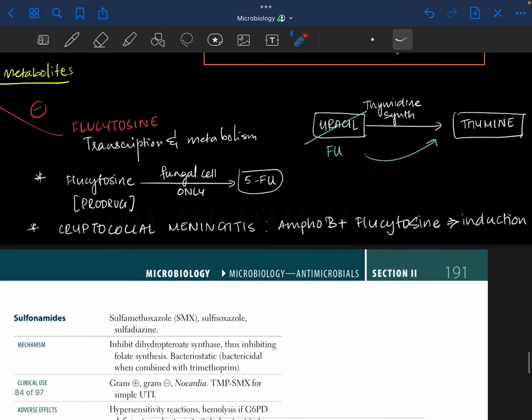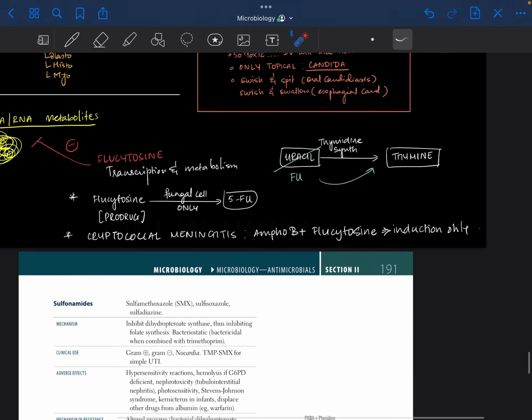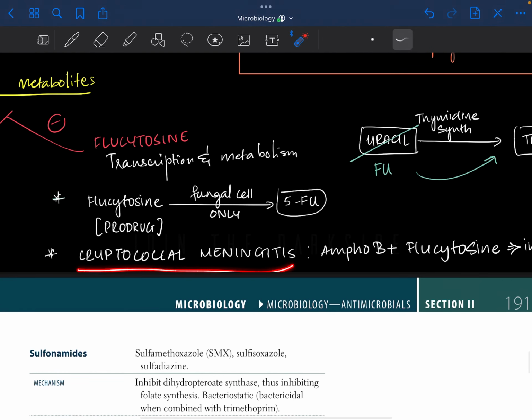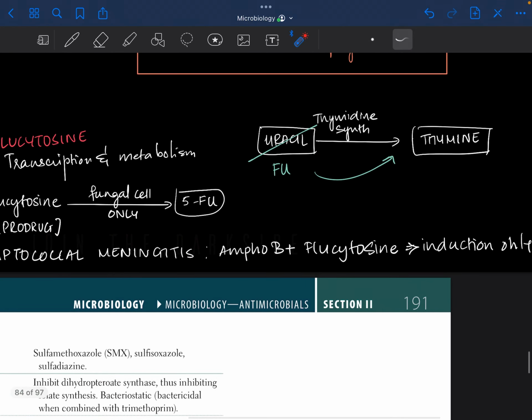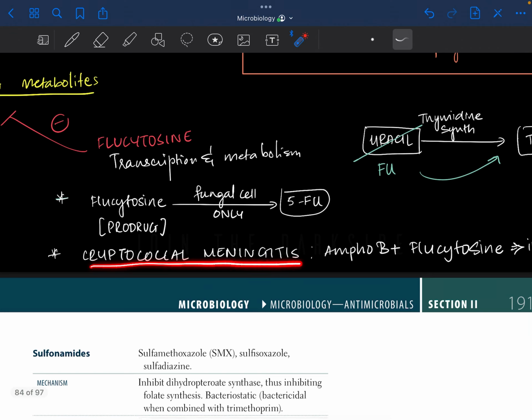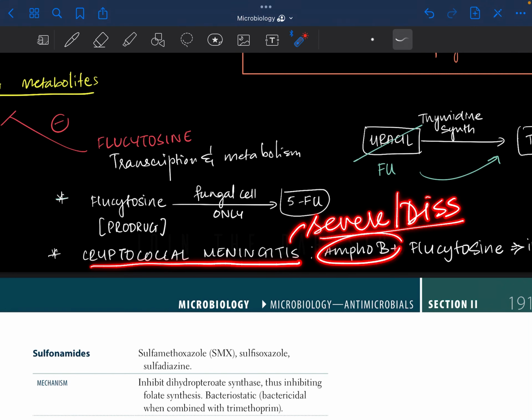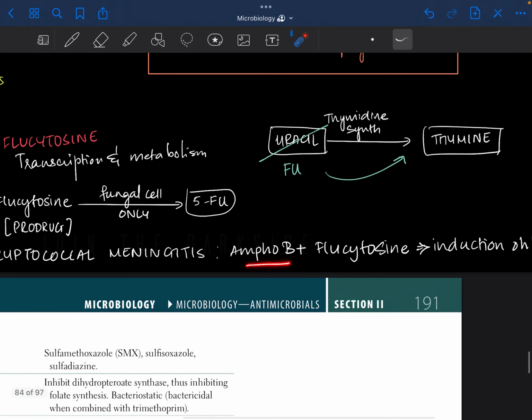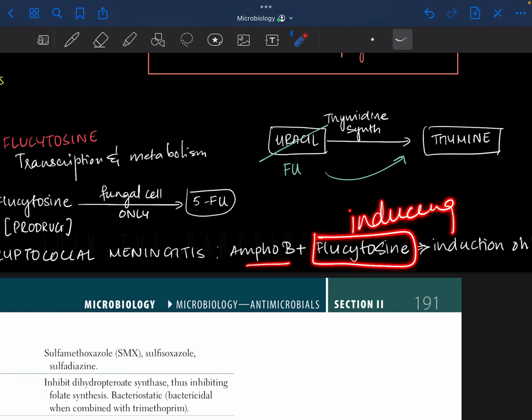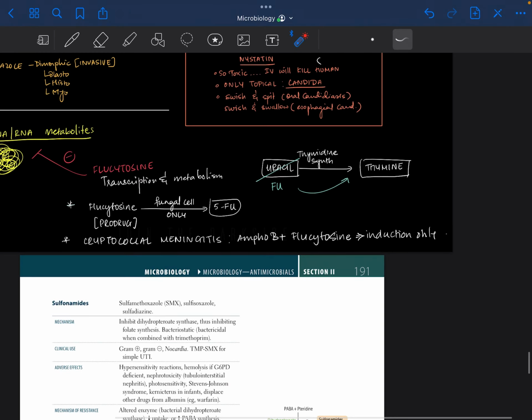The only time that you'll see flucytosine being used is cryptococcal meningitis, because cryptococcal meningitis is very severe, life-threatening and disseminated. Which drug do we give? We always give Ampho B. And with Ampho B, you will give flucytosine as an adjunct agent to be an antimetabolite.